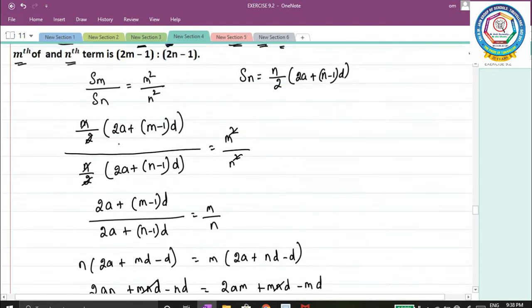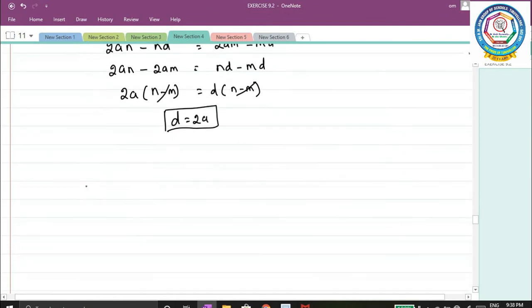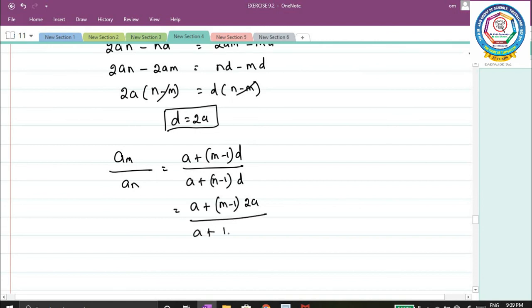But the question asks for the ratio of the mth term and nth term. How can you write the mth term? am by an. The mth term means a plus m minus 1 into d. The nth term means a plus n minus 1 into d. So instead of d, place 2a: a plus m minus 1 into 2a by a plus n minus 1 into 2a.